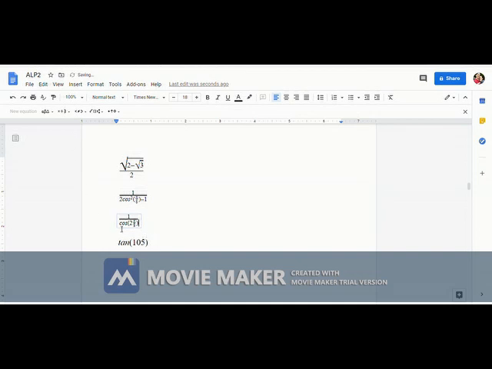Now, since cosine is in the denominator, it's reciprocal. Well, not its reciprocal, but this equals secant 2 pi over 8. Okay, the reciprocal identity.